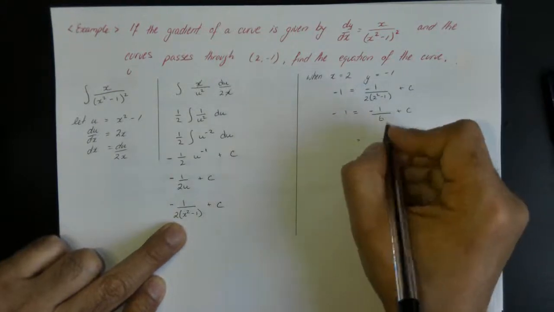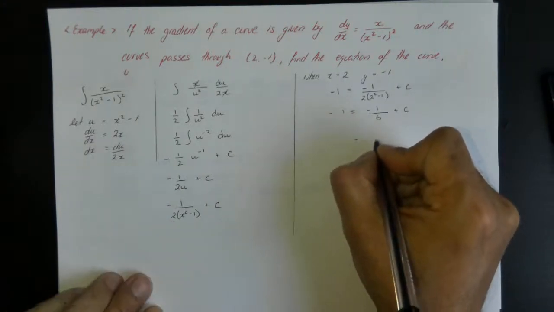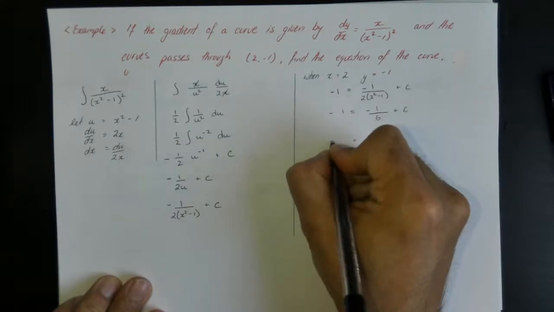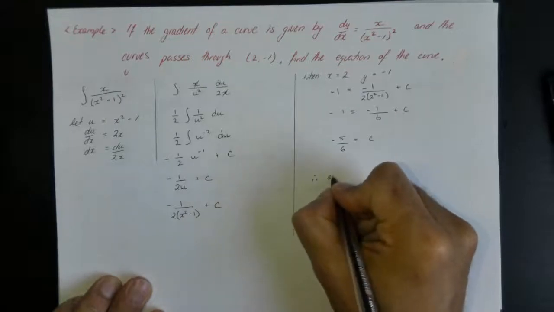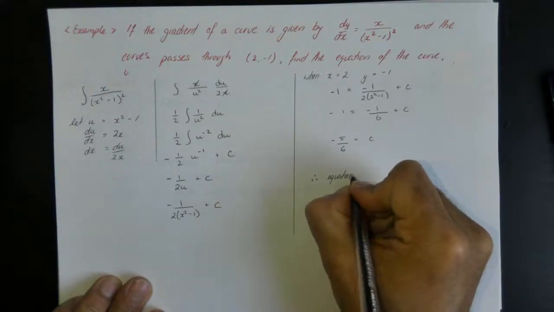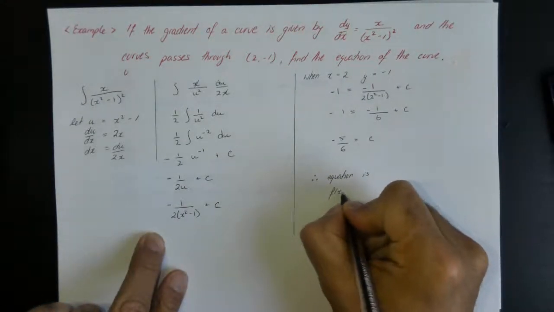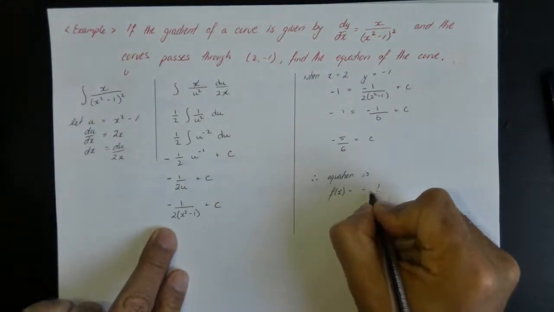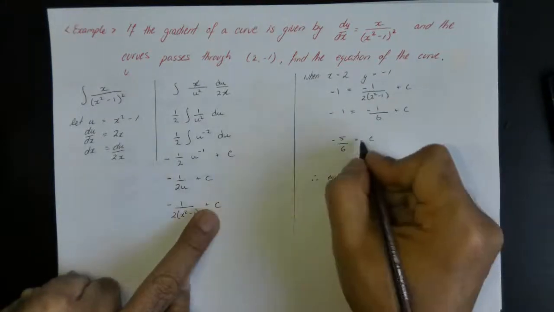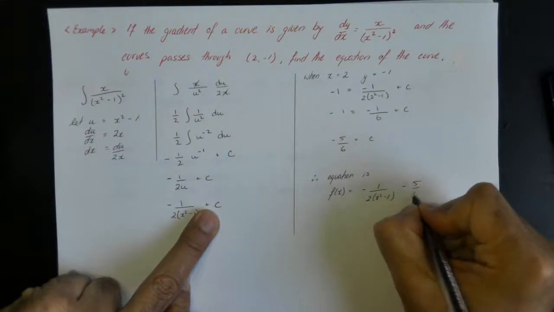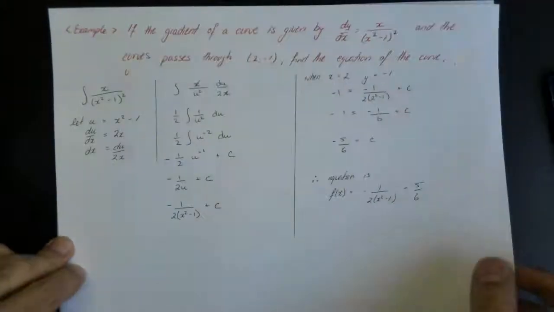So -1 plus 1/6, we get -5/6. So the equation is f of x or y equals -1 over 2(x squared minus 1) plus your constant, which is -5/6, and that's your final answer. Okay, that's it. Good luck.